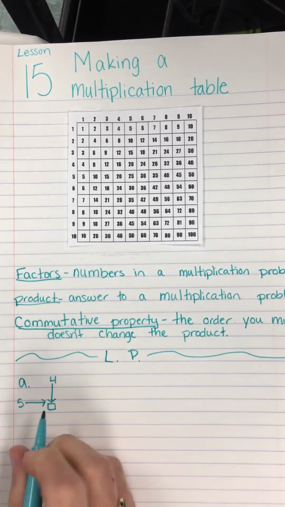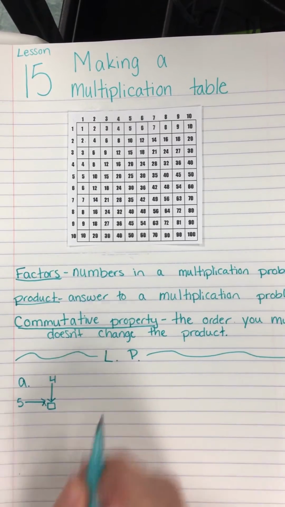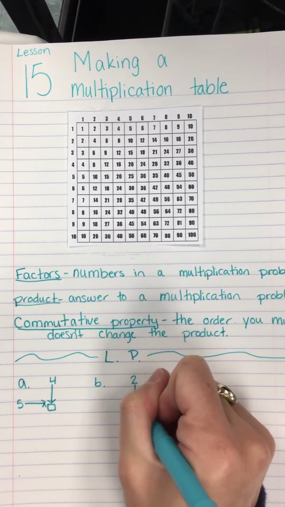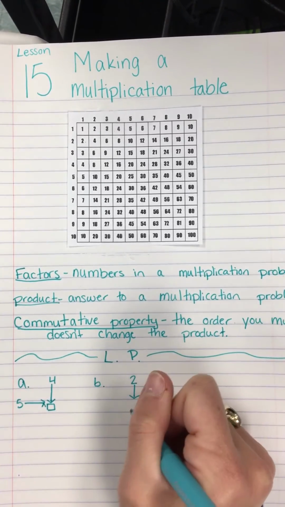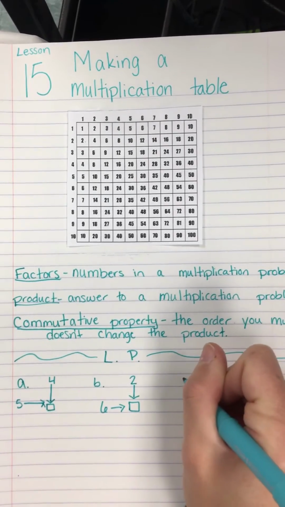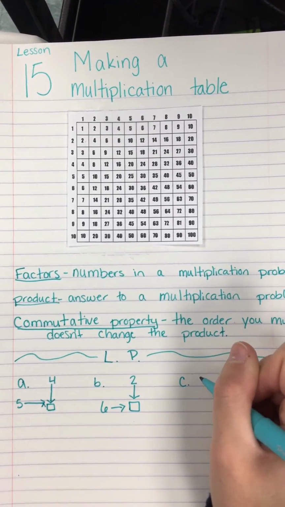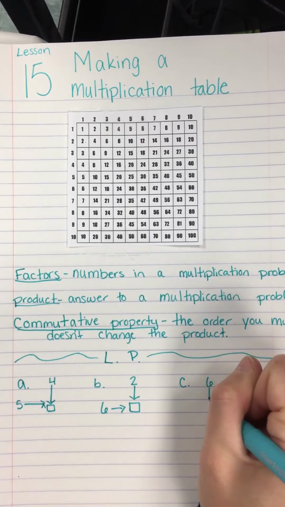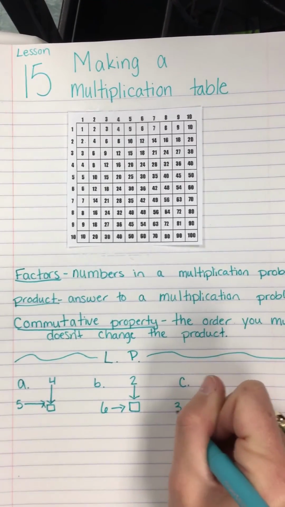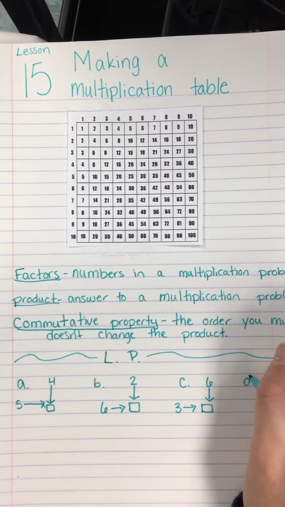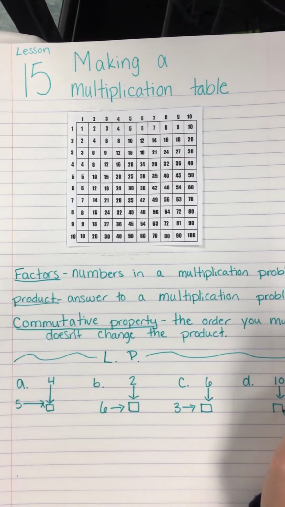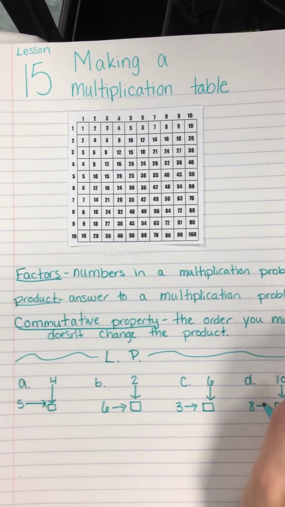Okay, that arrow should be pointing there. All right, B, you're going to tell me what 2 down and 6 over is. C, you're going to tell me what 6 down and 3 over is. And D, you're going to tell me what 10 down and 8 over is.